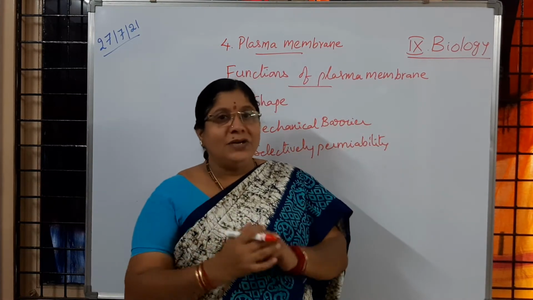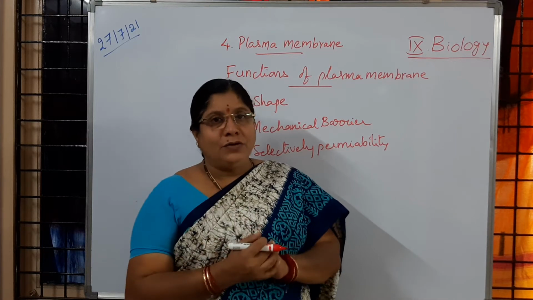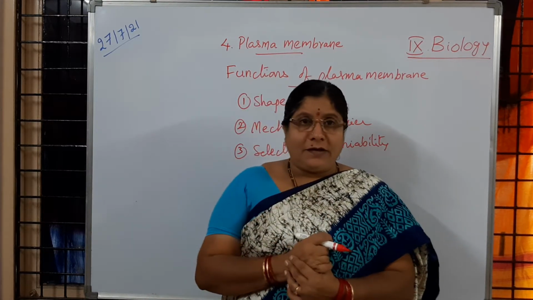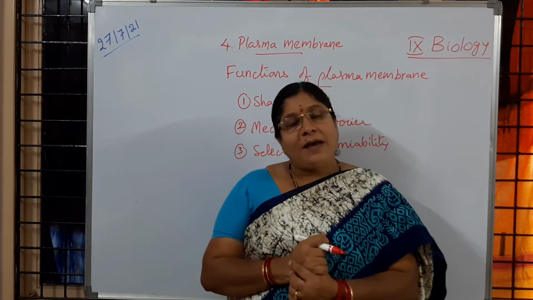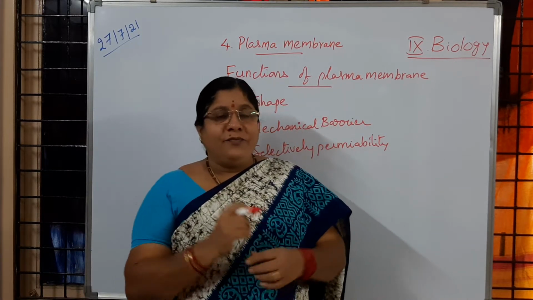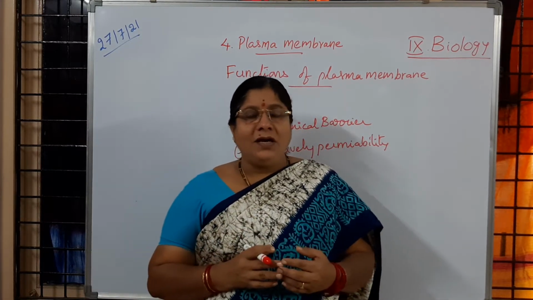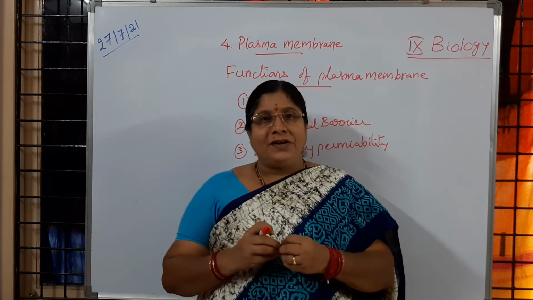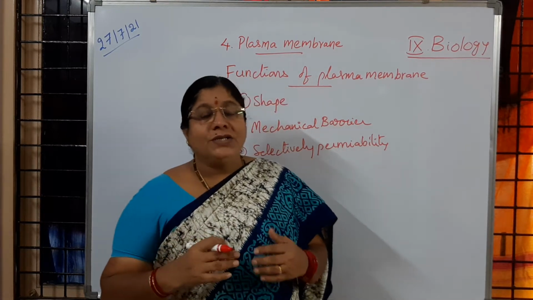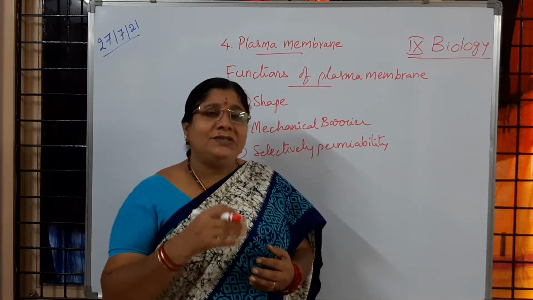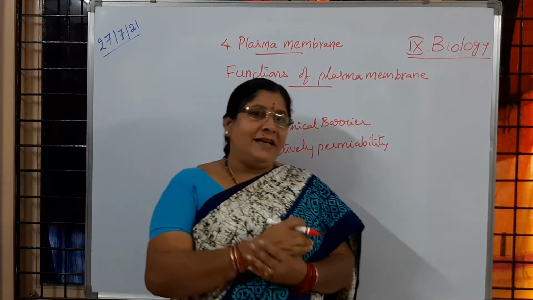For example, a balloon is there. You are going to blow air continuously in that. What is going to happen? If more air is filled in that balloon, afterwards immediately you are going to hear a sound, like that. Why is it going to happen? Because too much content, air, is there in that balloon.